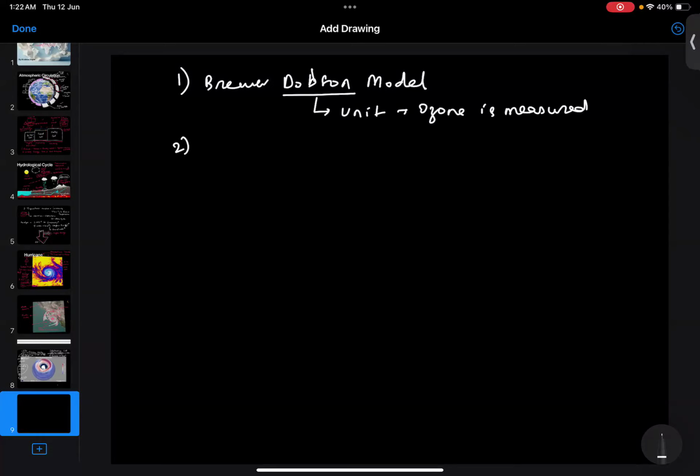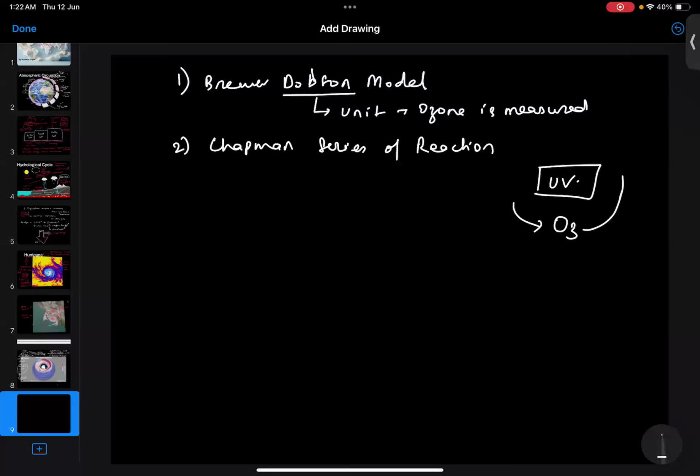Second thing we need to remember is the Chapman series of reactions, where under ultraviolet rays there is continuous formation of ozone and continuous destruction of ozone into oxygen and oxygen radical.